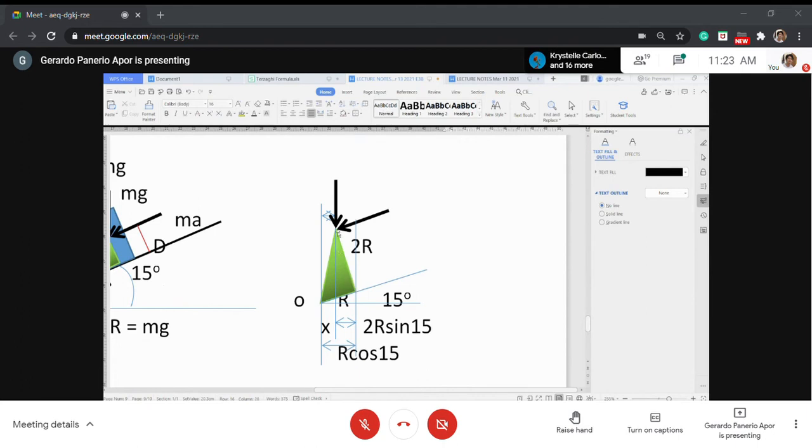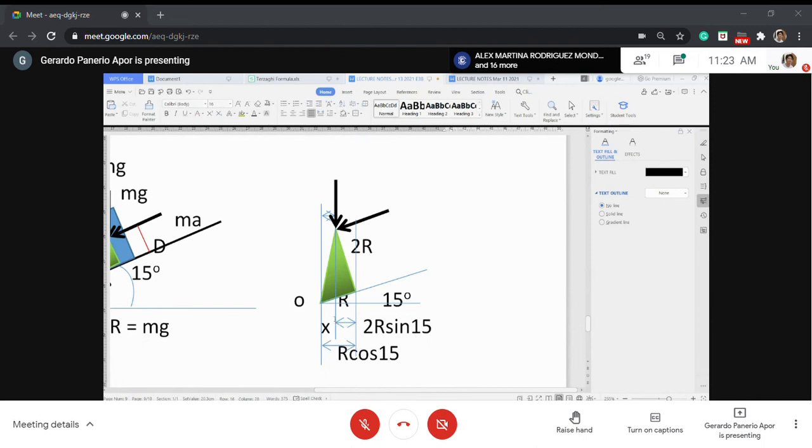If this is 2R, then the horizontal distance of this is 2R times sine of 15 degrees. Now we are solving x. We know already the total length, which is R cosine of 15 degrees. So that means that x is equal to R cosine of 15 degrees minus 2R sine of 15 degrees.